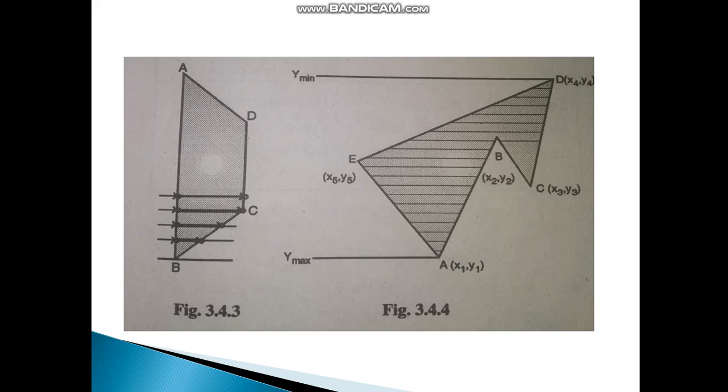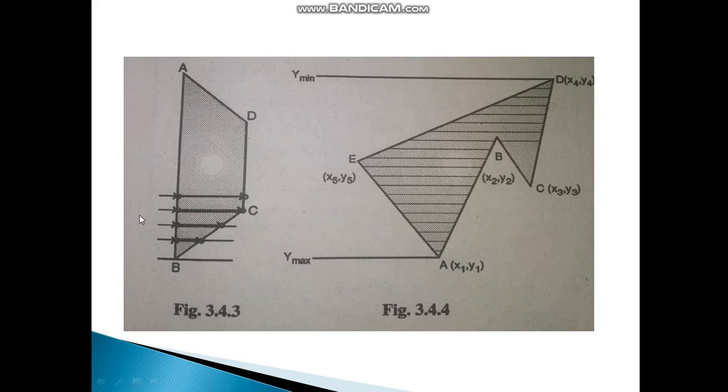Once we have found the intersection points with both the selected edges, like AB and BC, then join these two intersection points by a solid line and continue. Again decrease y by 1 and find the new intersection points for those edges till one of the edges gets over, that is, the scanline goes below the y min of one edge.